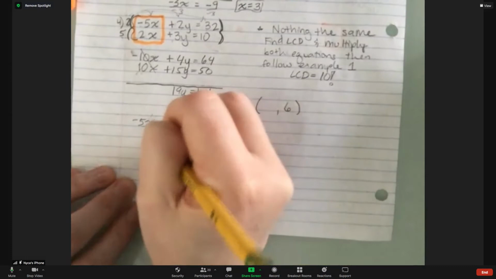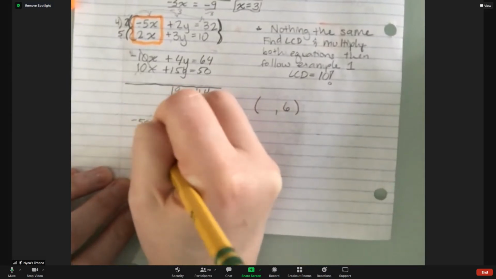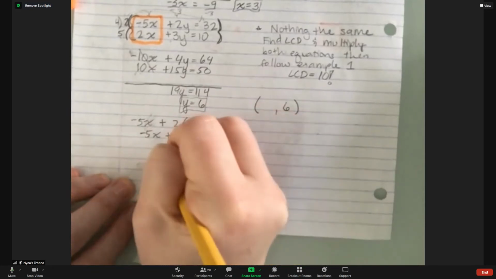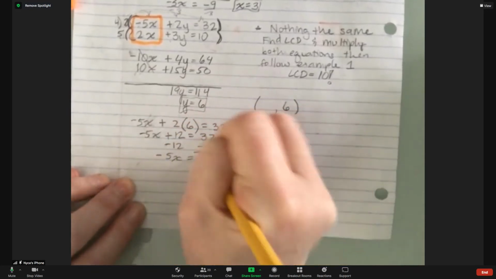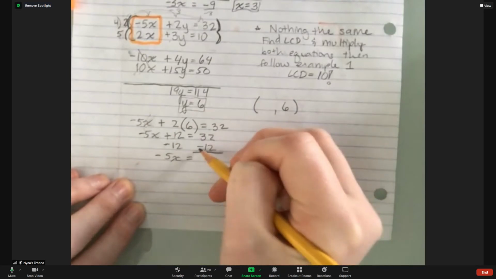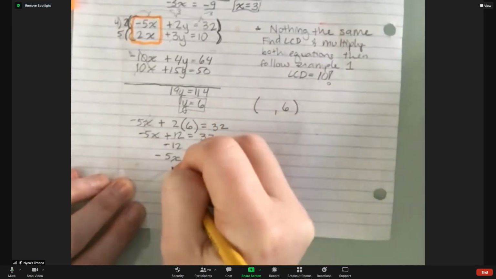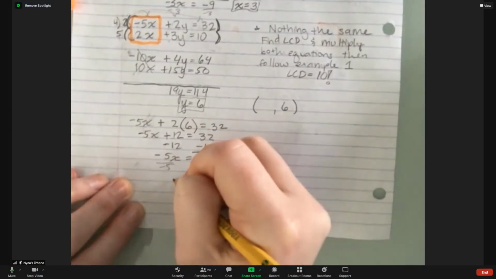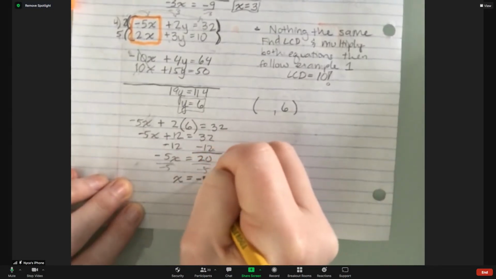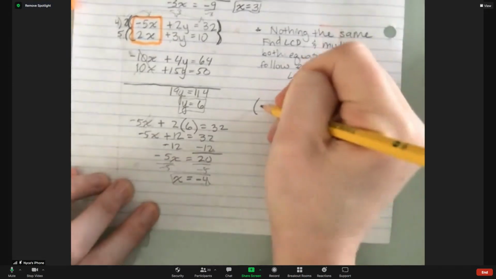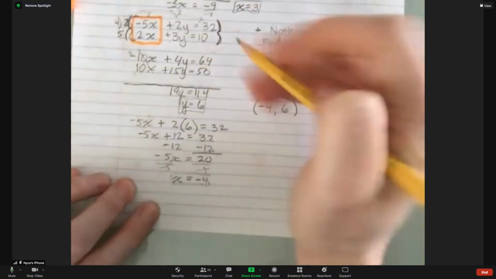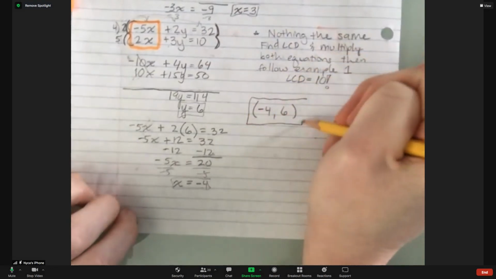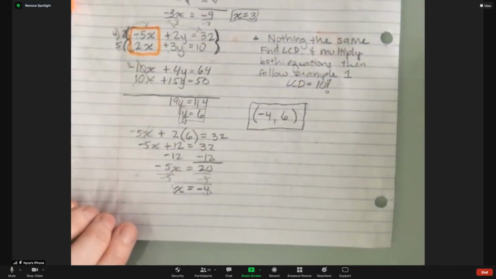Then you have -5x plus 12 equals 32, minus 12 from both sides, and you have 20. Then divide by -5 using inverse operation. Your x gets you -4. That's your other piece. So the solution to the system here by using elimination is (-4, 6).